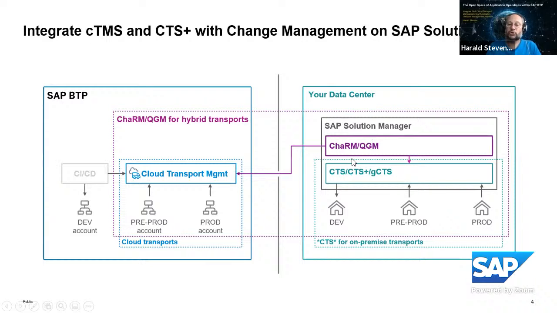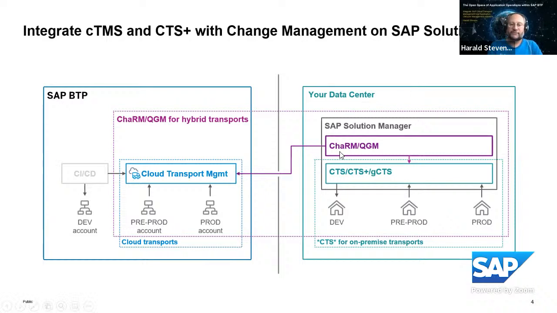And if this change document changes its status, say from in development to to be tested, the corresponding transports are triggered automatically, synchronously, into the test environment in the cloud and the test environment in the on-premise system. By that, you ensure a consistent state of your overall hybrid application in both worlds. Test in the cloud, test in on-premise. And then you can do integrated tests and see if everything works together.